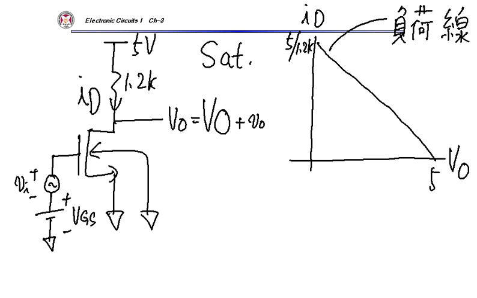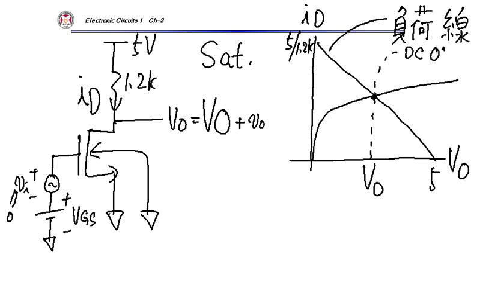When the small signal voltage is 0, my transistor curve will look like that. So this is my DC operating point. This is my DCOP, okay? The current here is the DC operating point current.